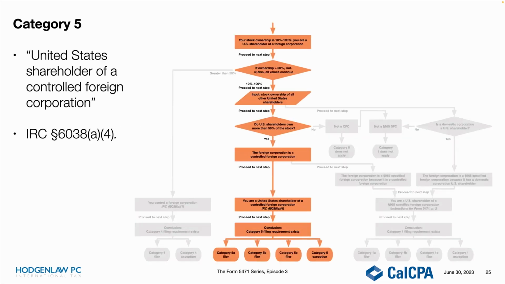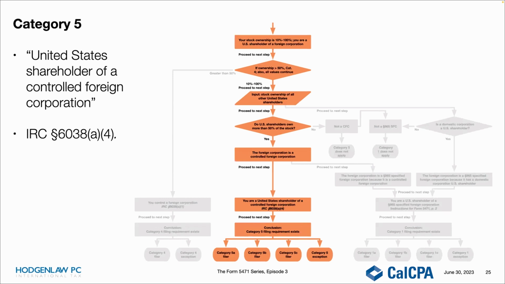And again, you can see the messy spreadsheet, the flowchart starts to sort itself out and become rather clean and simple. Category 5 is a straight flow from the top because the category 5 filing requirement asks you: are you a United States shareholder, a defined term, in a controlled foreign corporation, a defined term?